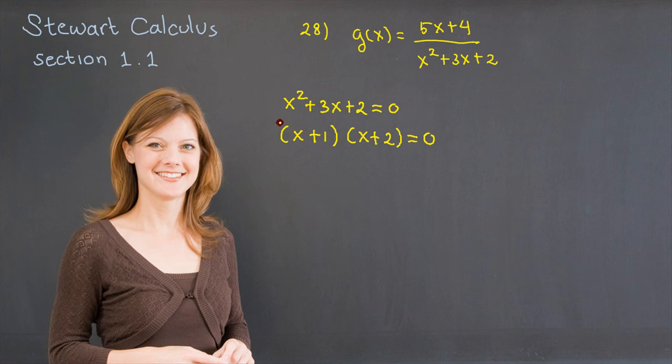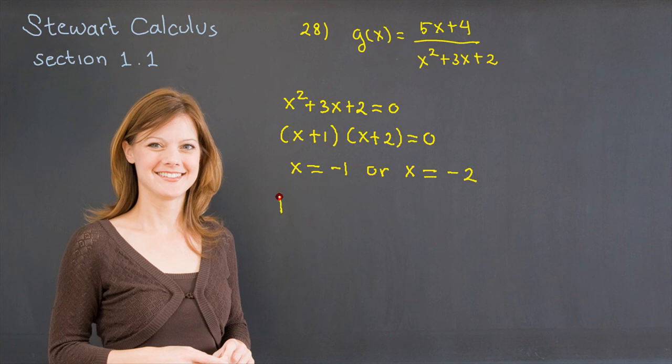So the only way this expression equals 0 is when x equals -1 or when x equals -2. This computation tells us that the denominator is equal to 0 if and only if x equals -1 or x equals -2. Therefore, this function makes sense for all x except for x equals -1 and x equals -2.